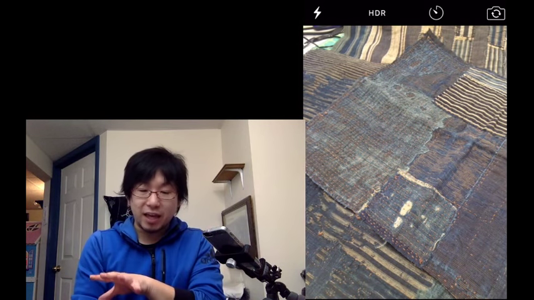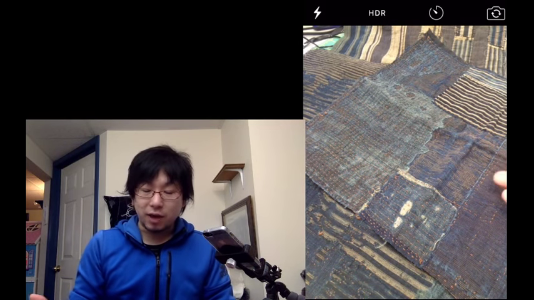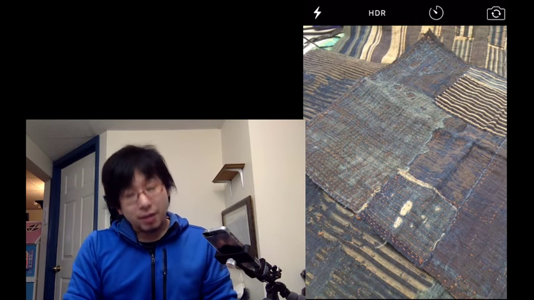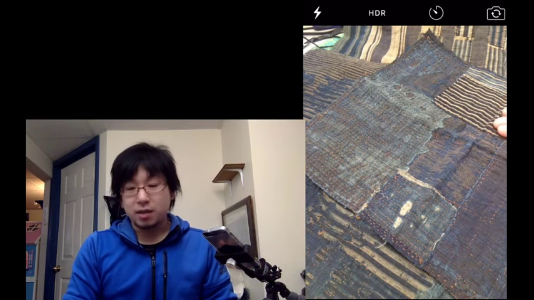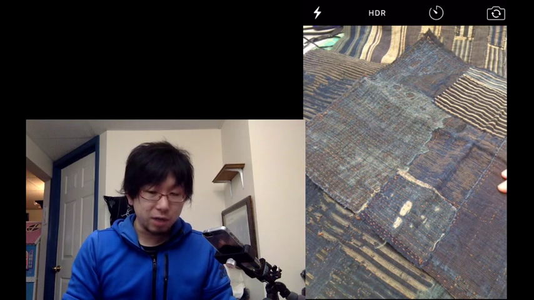Right now, because of the color fading, thread fading, fabric fading, pattern fading, the color only time can make became so valuable and beautiful. Yes, I think time affected the fabric of Boro very much.